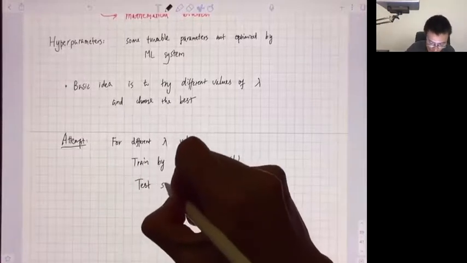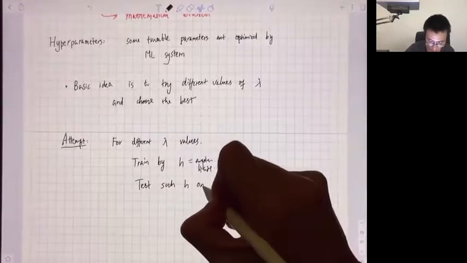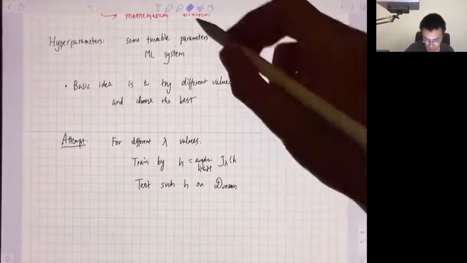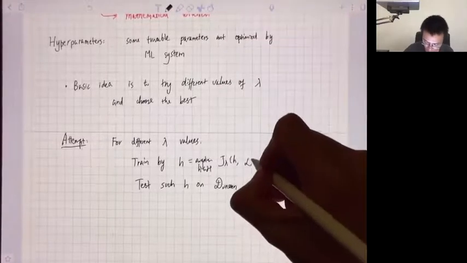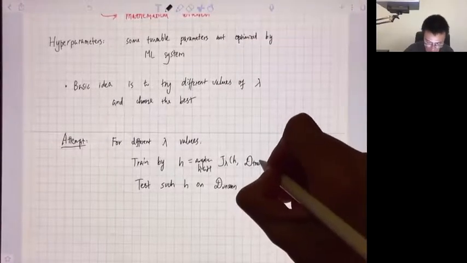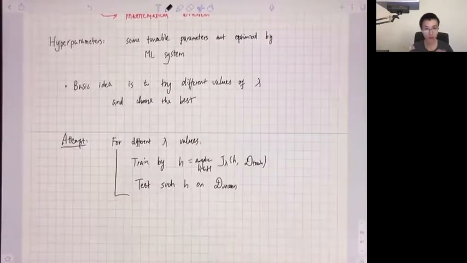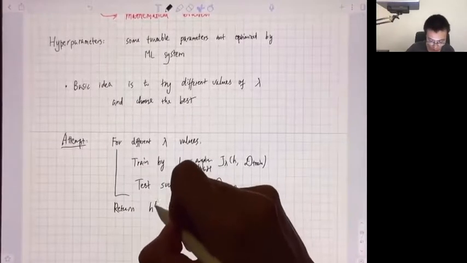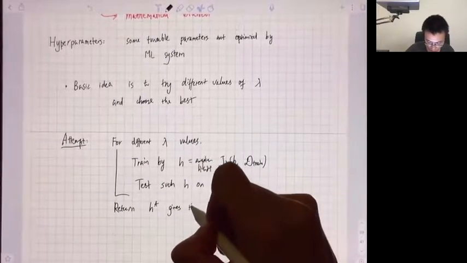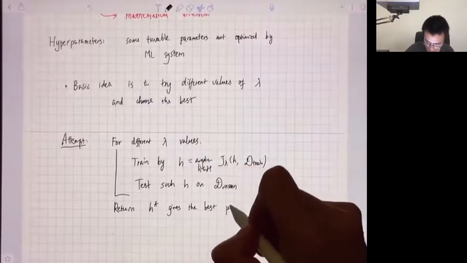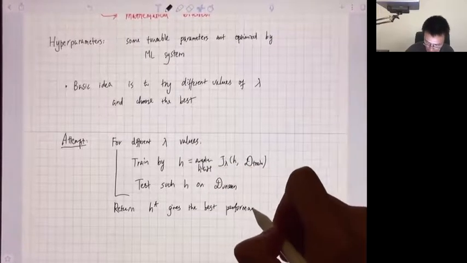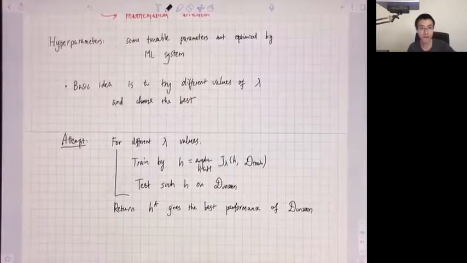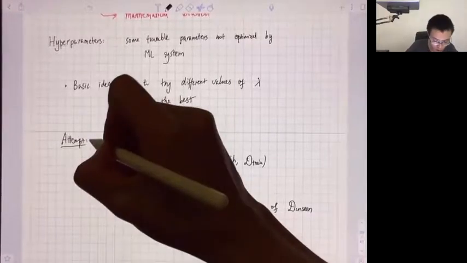Test such h on my unseen data. This is my training data. This is my unseen data, okay? So I try different things and return the best h, which gives the best performance on the unseen data. Okay, this is my first attempt.